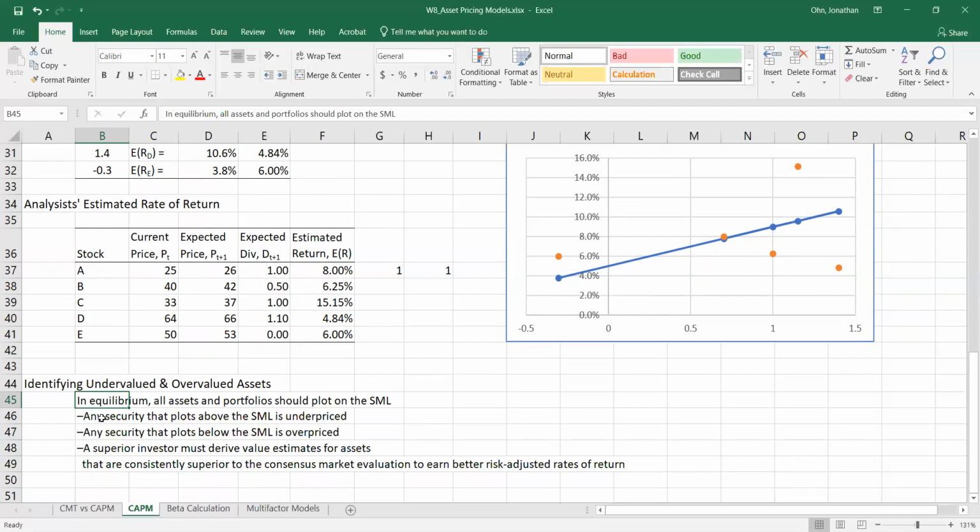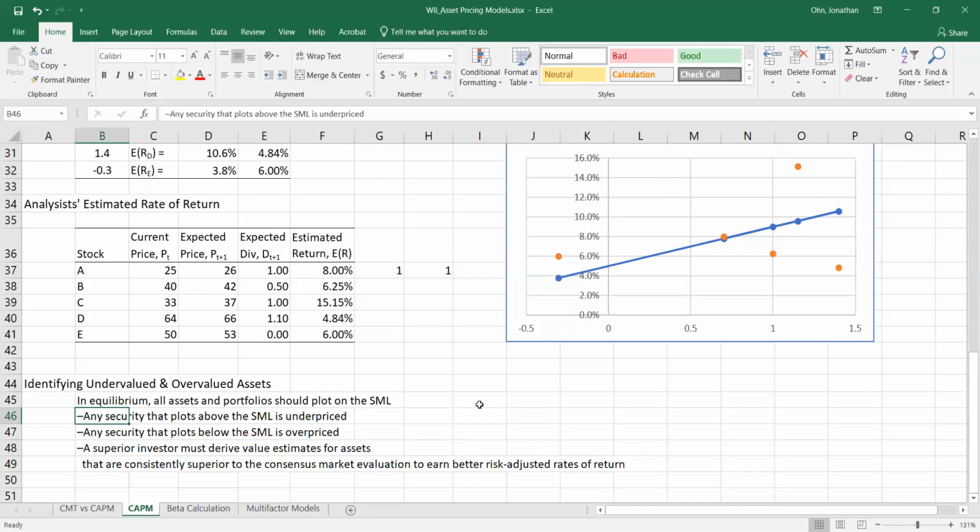But if a stock is located above this SML, what does that mean? Next year's estimated return is better than the CAPM return. So is it good or bad for you? It's good for you. It is called underpriced.